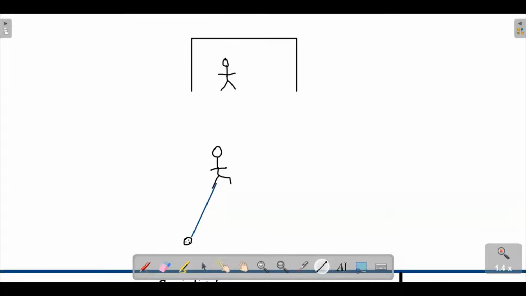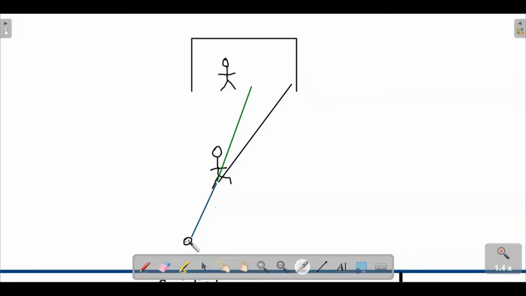It was going to go that way, but because it hit the leg, it changes direction and moves that way. So it deflected. I kicked it in this direction, but it now changes because there was a force. The keeper's leg changed the direction of the soccer ball. So that is what we mean by deflection: changing the initial direction of something.